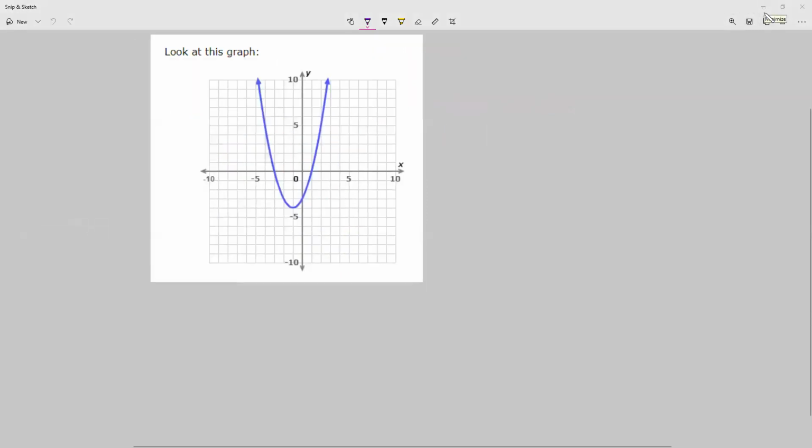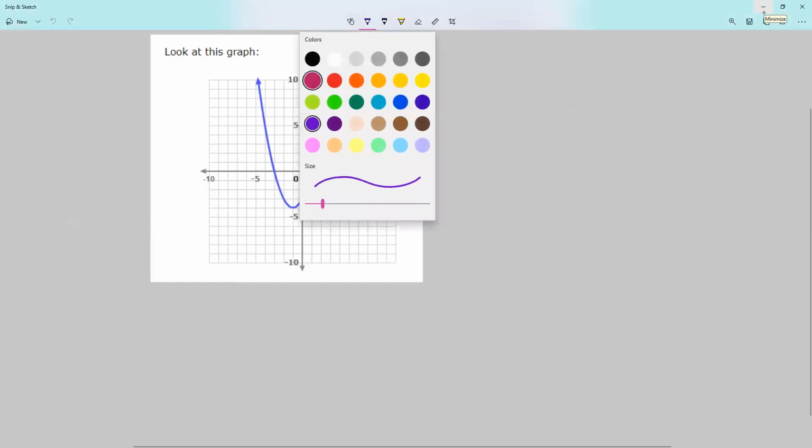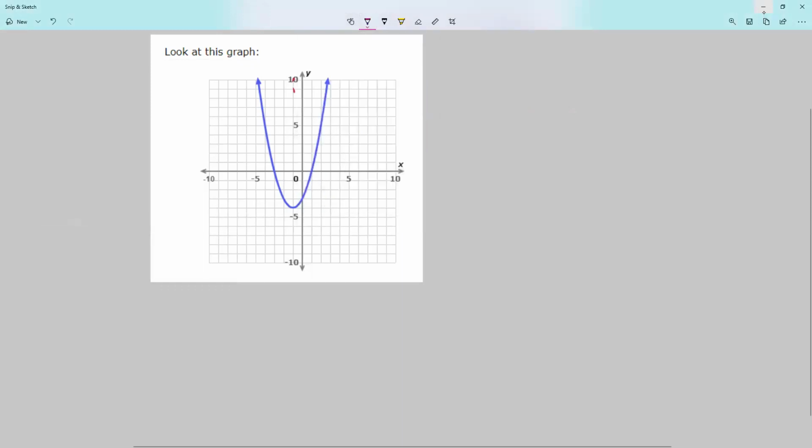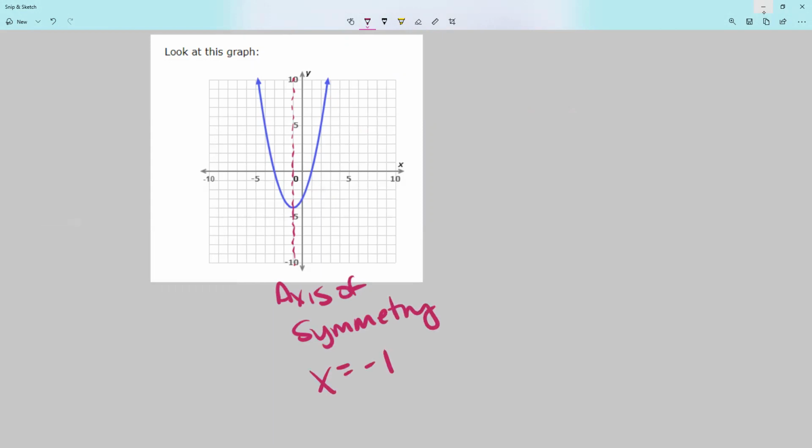All right, same idea here. So this time my axis of symmetry is x equals -1. And then I have this time a minimum at -4. So it goes down to -4 as its lowest amount.